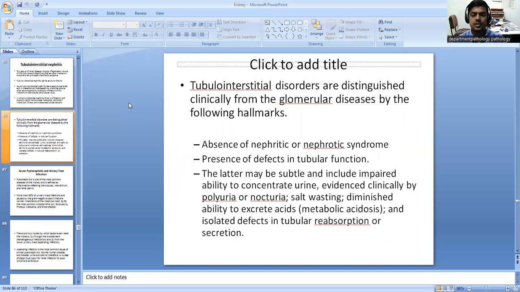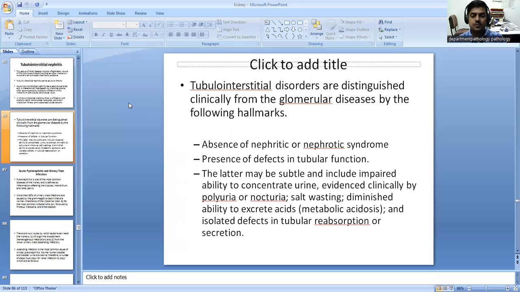Tubulointerstitial disorders are distinguished clinically from the glomerular diseases by the following hallmarks. Number one, absence of nephritic or nephrotic syndrome. Number two, presence of defects in tubular function.